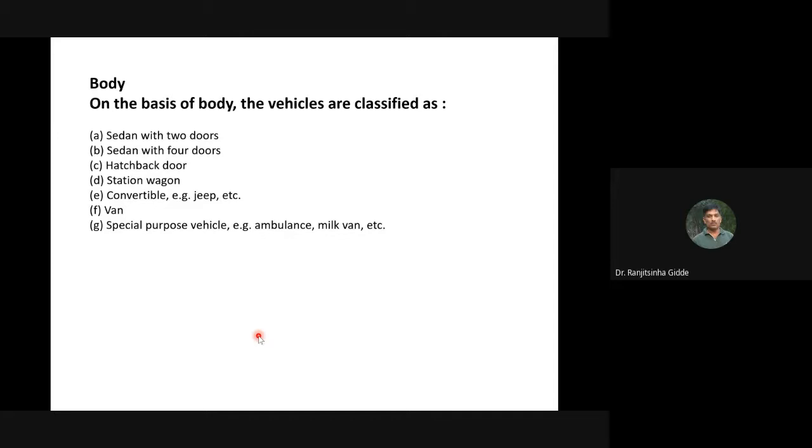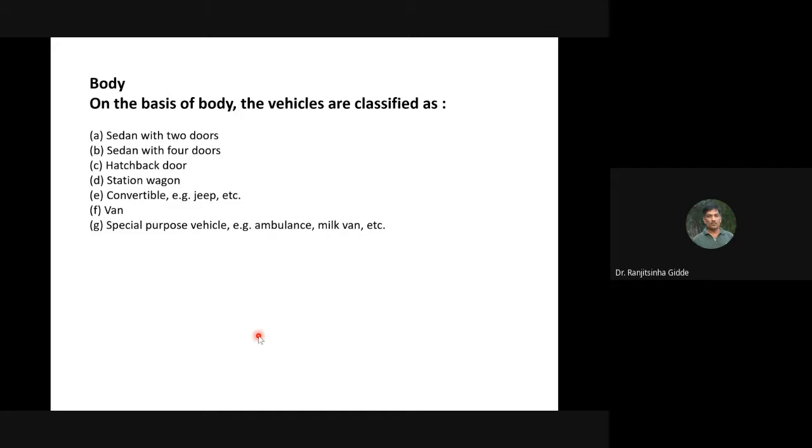Then hatchback. So that is another class. You can take examples of Swift, Maruti Swift, Indica, then from Tata, that is Altroz, that is again a hatchback car.